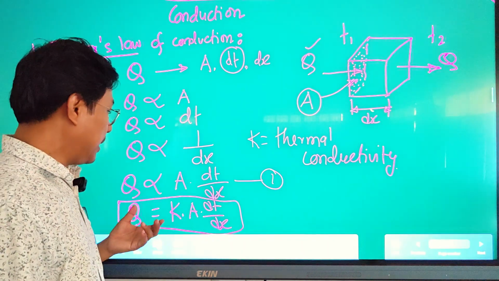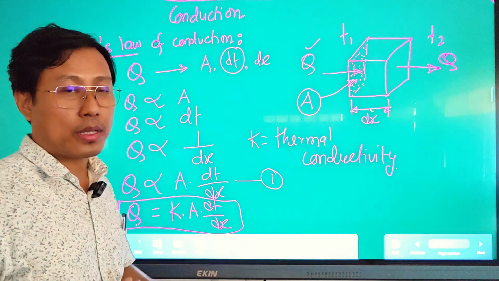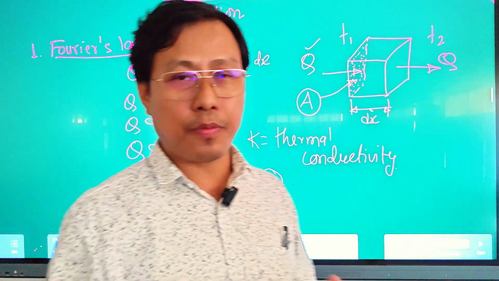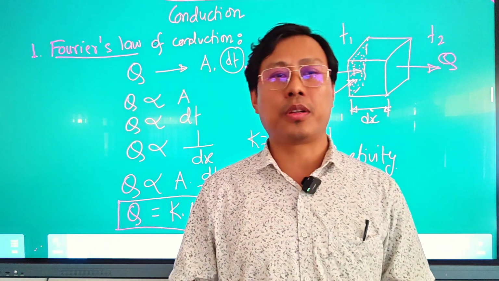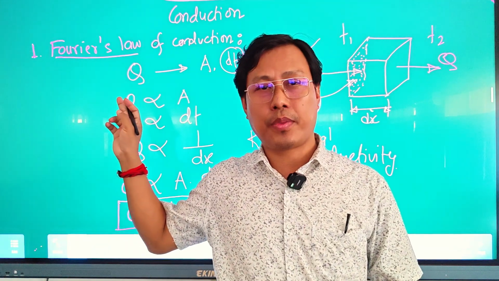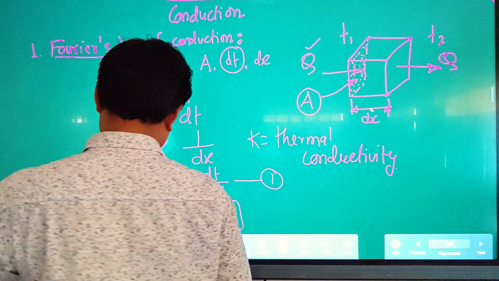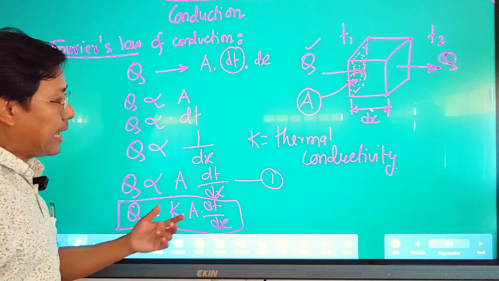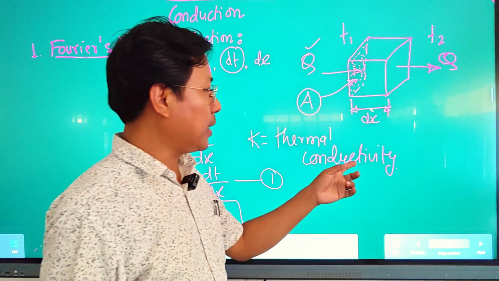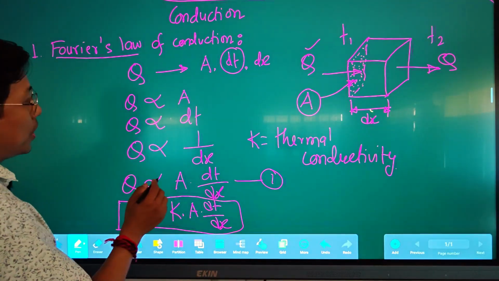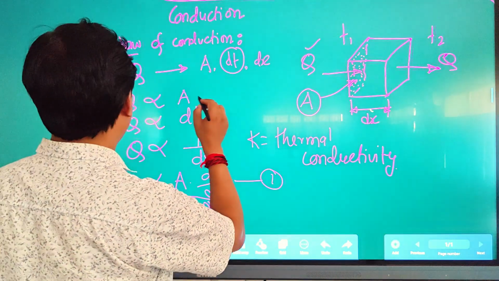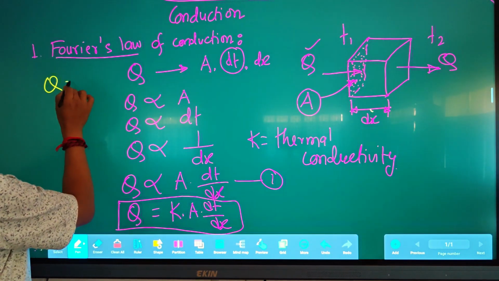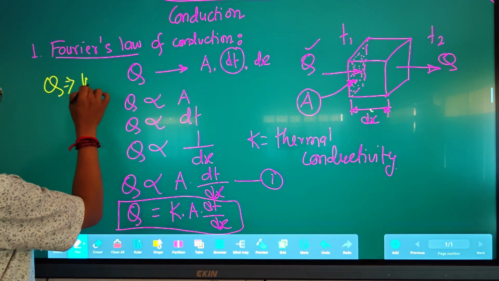Okay, so in this way we find out the equation of heat flow rate through conduction by using Fourier's law. So finally we have got Q equals K dot A dT by dx, where K is the thermal conductivity of the material. So here, the unit of Q will be watt.